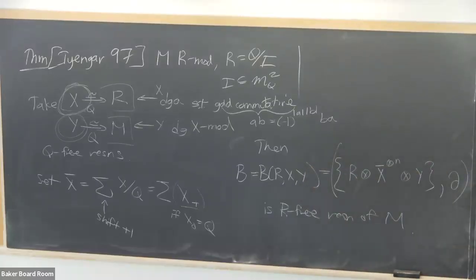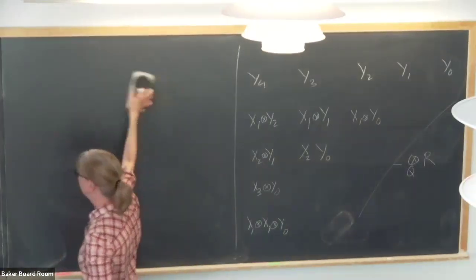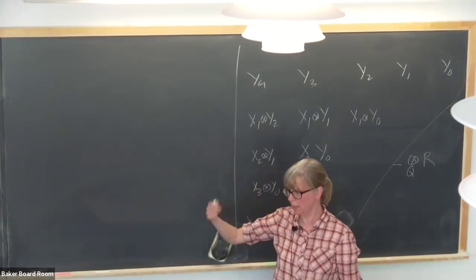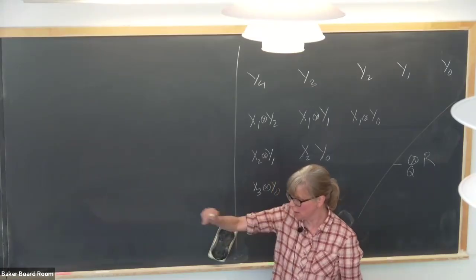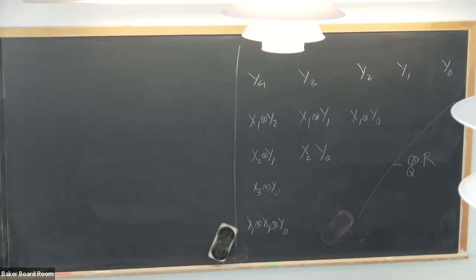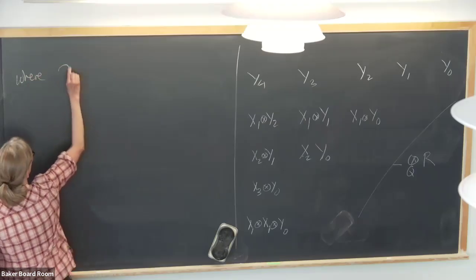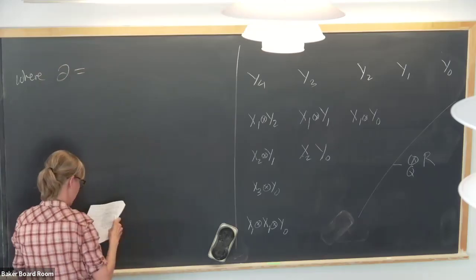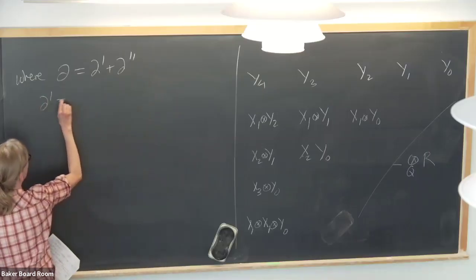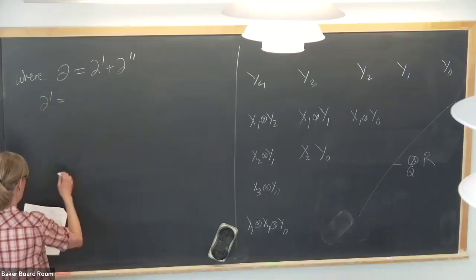Oh, but I have to tell you the differentials. So the differentials are the classic differentials of the bar resolution, but bumped up by Cartan, by various people, to include the internal differentials of X and Y as well. So let me say the differential is now differential prime plus differential double prime, where differential prime is just the internal differentials of all these complexes.